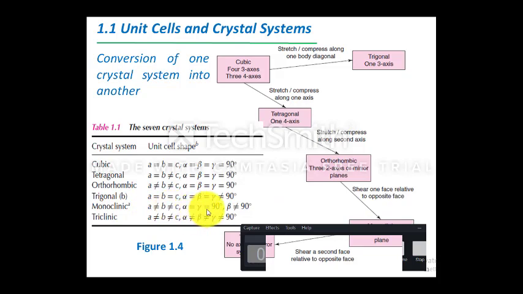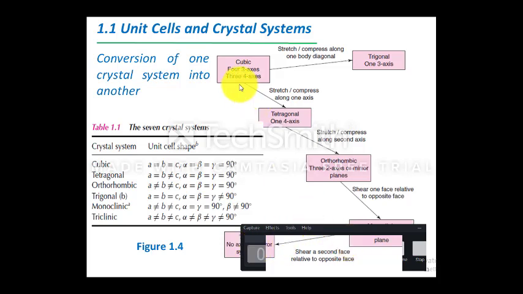Two angles are equal to 90 and the third angle is not equal to 90 degrees. So when we shear one face relative to the opposite face of orthorhombic, where all of the lengths are not equal, it is converted to monoclinic. So from monoclinic to triclinic, if we shear a second face relative to the opposite face, monoclinic is converted to triclinic.